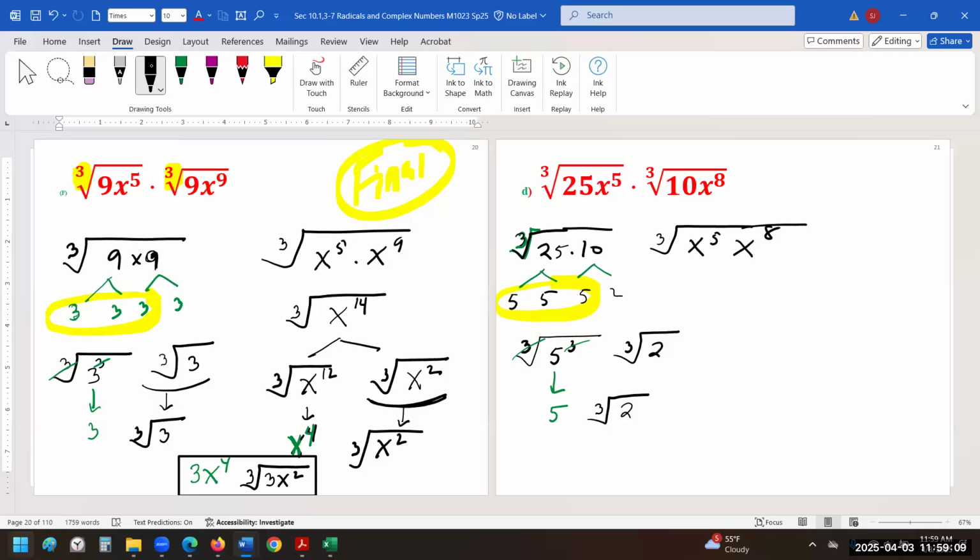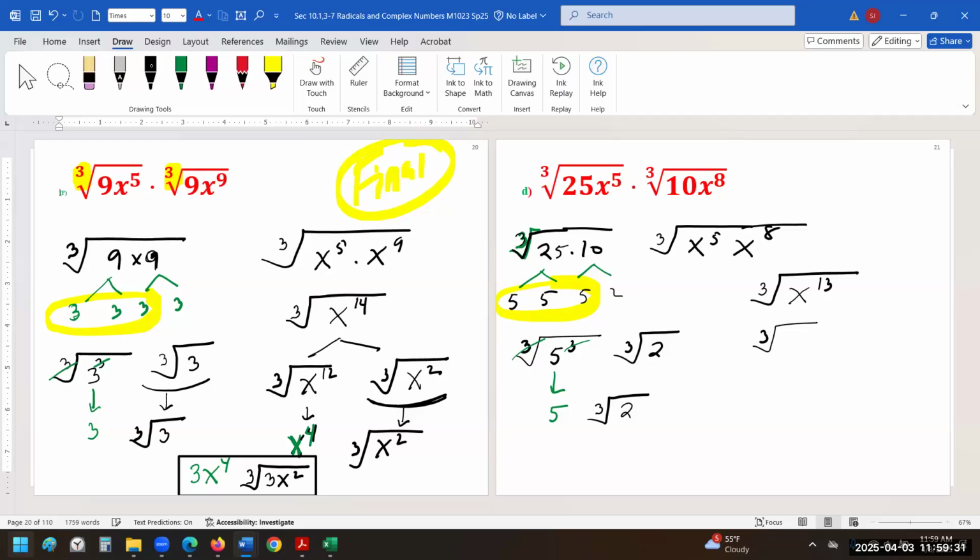We go to the variable. Multiplication, what do you do with the powers? Add them. So it is 5 plus 8. Huh? 13. I thought you said 15. Okay, so 13. Is 13 divisible by 3?